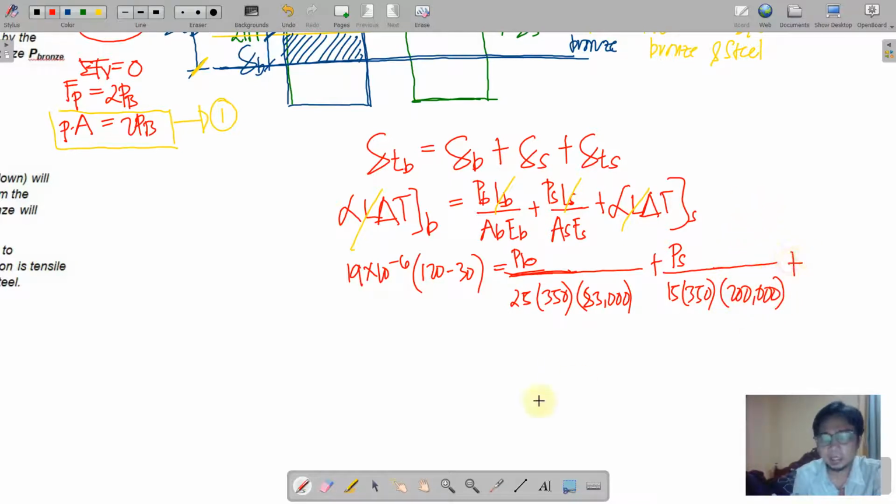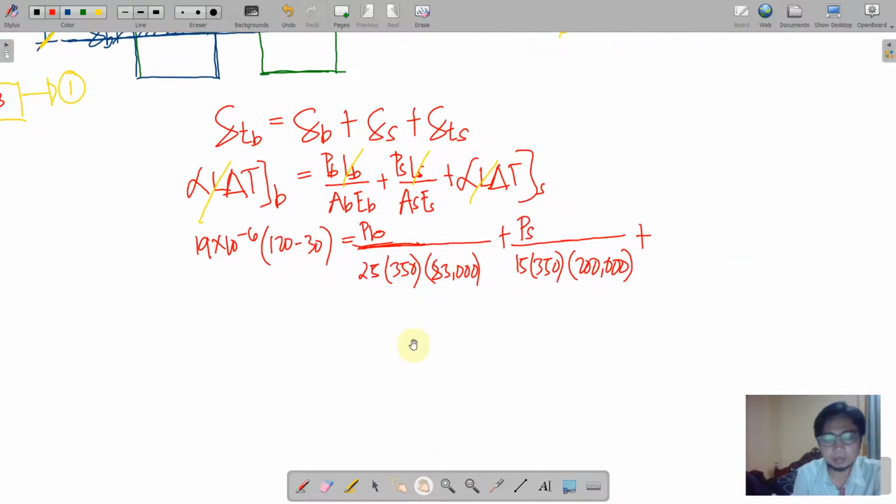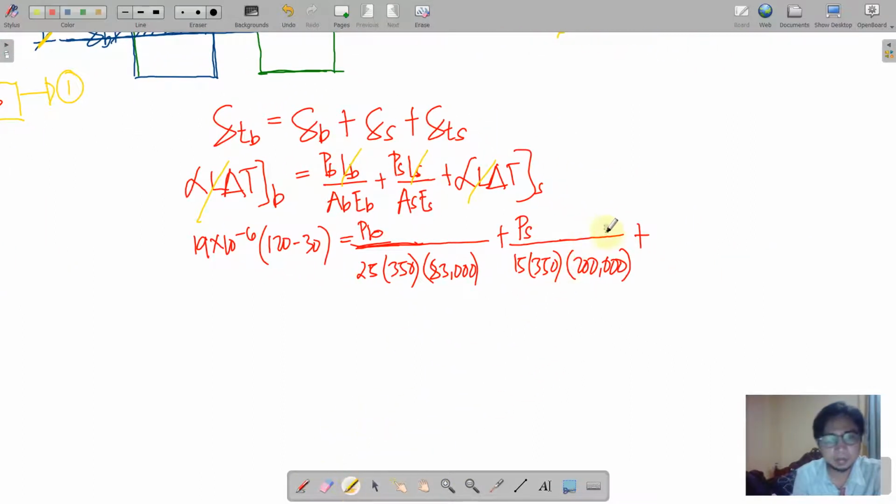And then we add again the alpha, which is 11.7 times 10 raised to negative 6, and the length is already cancelled. Delta T here is 120 minus 30.